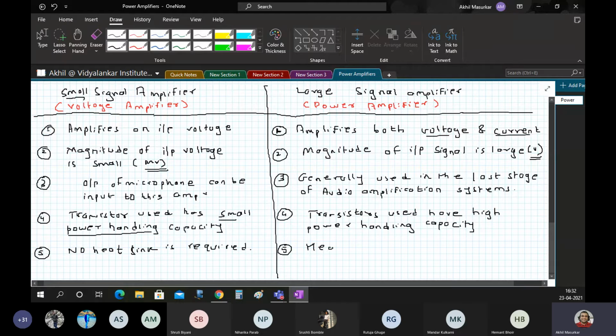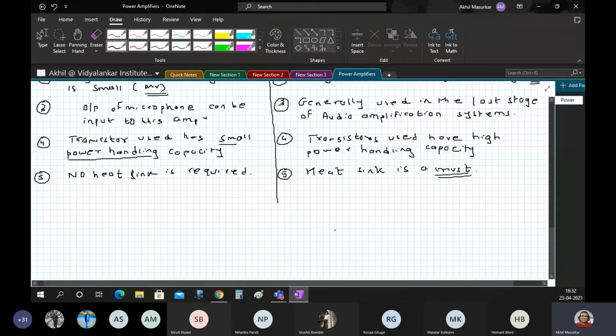Here a heat sink is a must. Without a heat sink you can't work here. Now here you have improved the current, and that is the reason why here we will say that efficiency is low, and here efficiency is high.